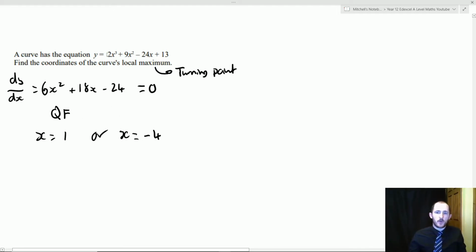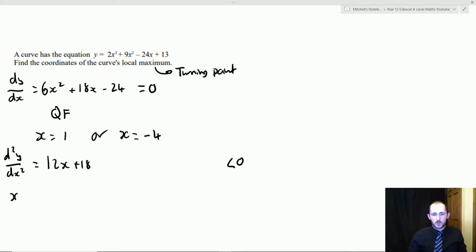Well, there are 2 ways to do it. One way, you can sketch the graph, but that's sometimes a bit long and tedious. The other way is to find d squared y by dx squared, which would be 12x plus 18. Now we're looking for the value of x that would give us this being less than 0.